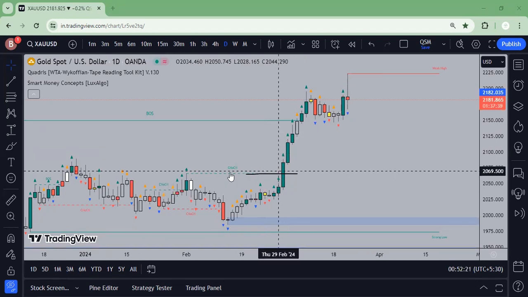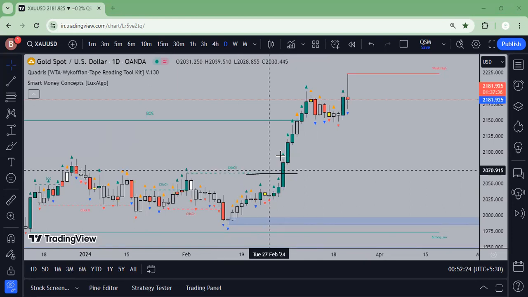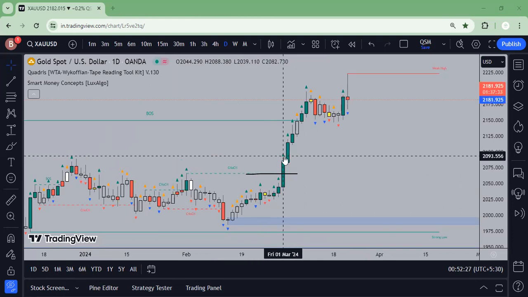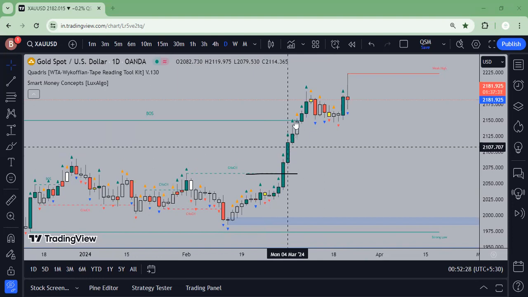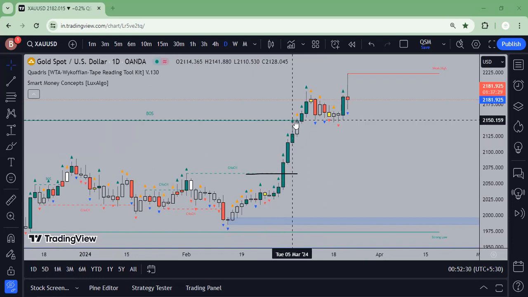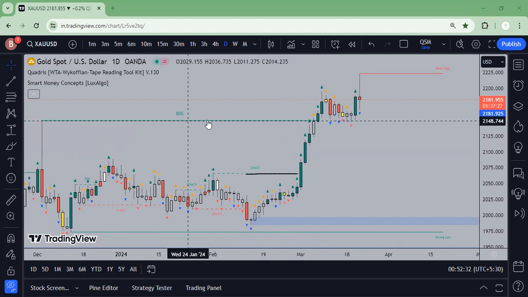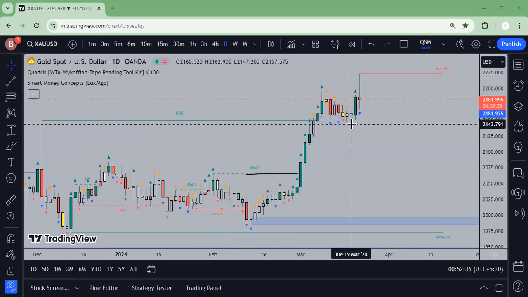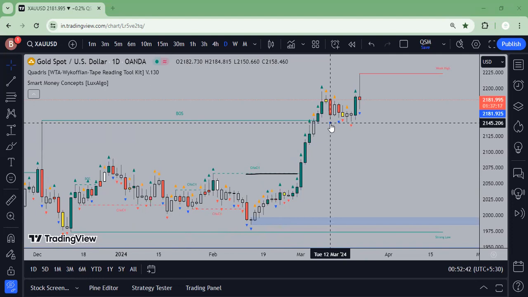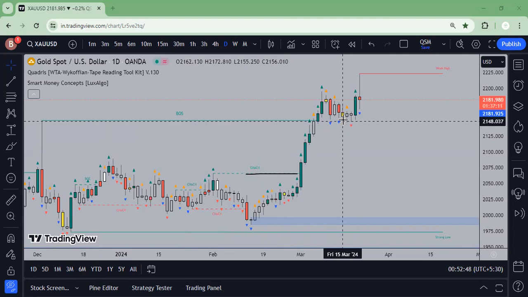So this breakout of change of character was with great effort, and that's the reason we have seen a break of structure taking place and a retest of the break of structure. As you can see, as we are approaching downwards, supply is in control, supply is greater than demand, then there is a trend change.